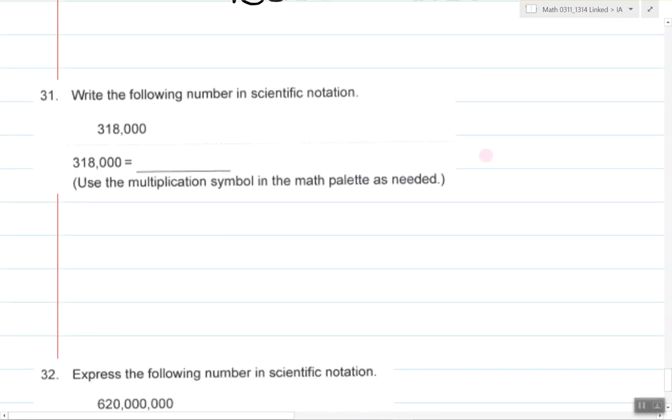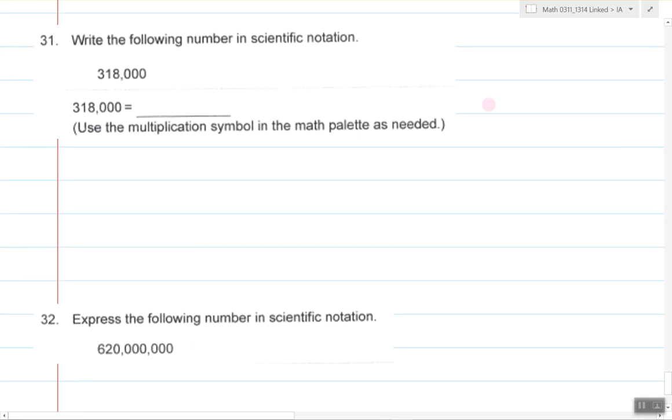Now we're going to take standard notation numbers and put them in scientific notation. Now the first thing I'm going to say about this is very important. This number is 318,000. In scientific notation, the decimal point must come to the right of the first digit. In order for the decimal point, which starts out right here, in order for it to go here, it would have to move 1, 2, 3, 4, 5 places.